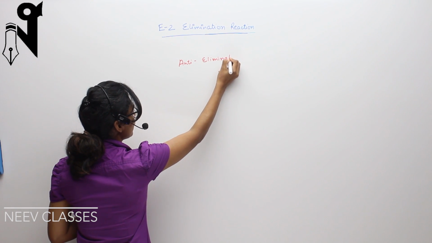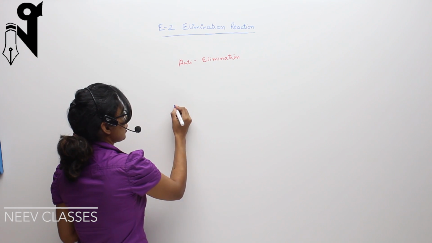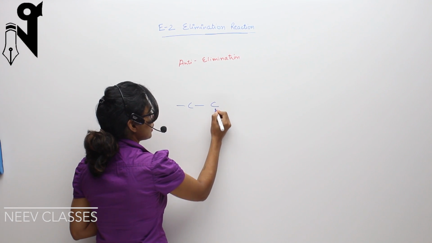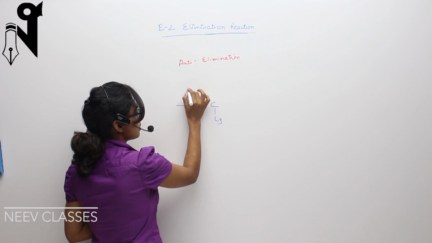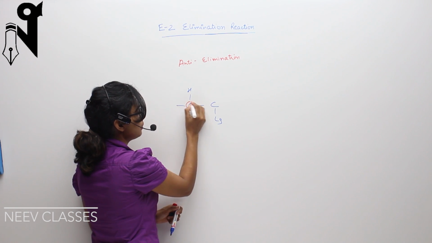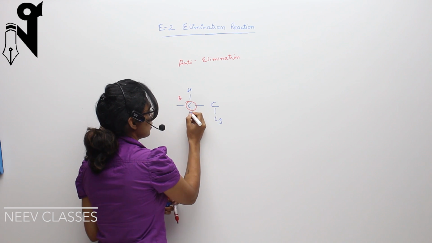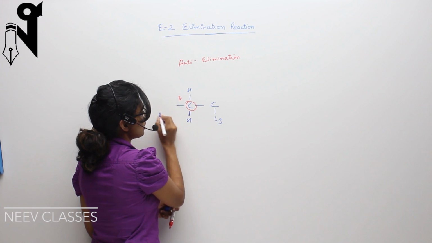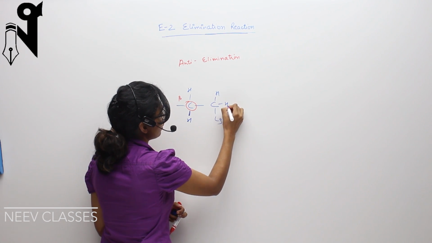Now assume we have a structure like this. See, this is my leaving group, and here is my hydrogen, this is my beta carbon. Here I have hydrogen and hydrogen.